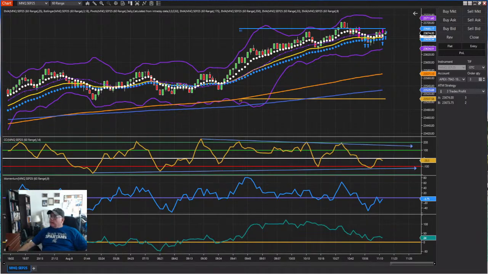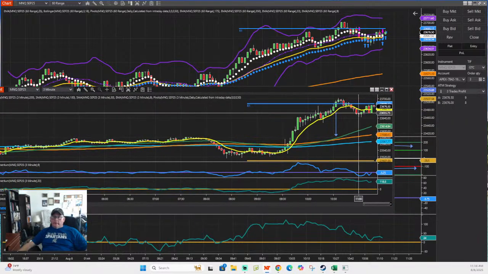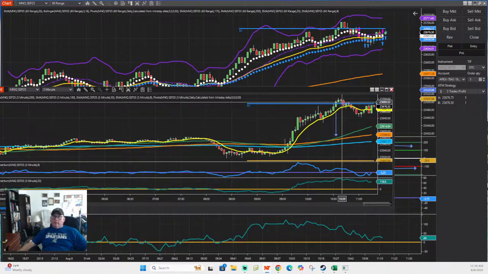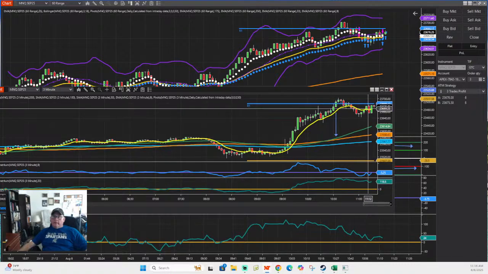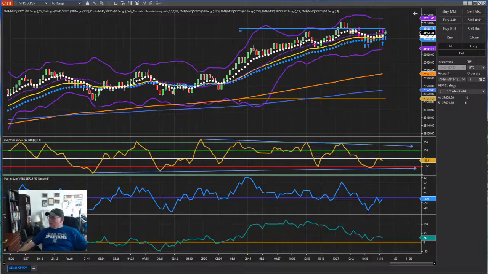Ideally, what I like to see on the 3-minute chart as well is 2 confirming. So red, red, green, green, red, green, red. This is not helping. Time is 11:17. We've got roughly 30 minutes left.